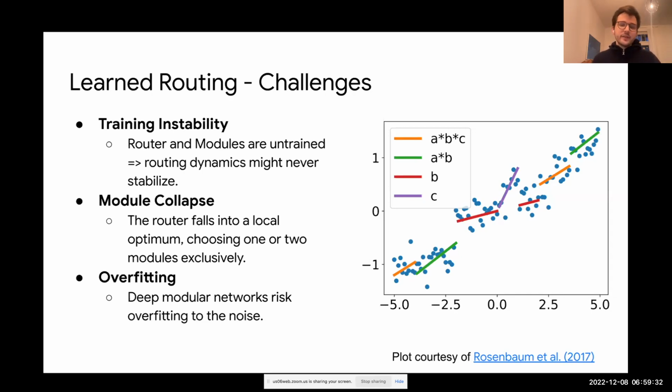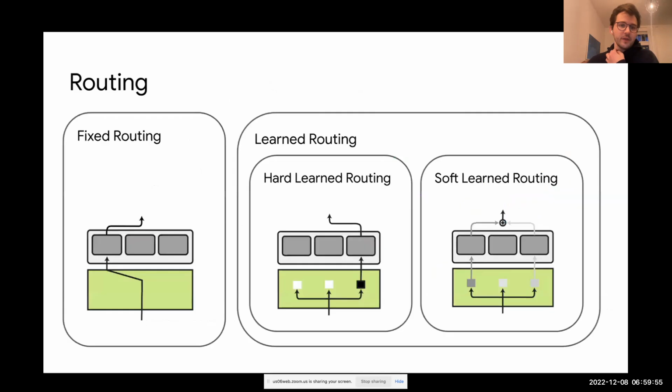We have the risk that through these dynamics of routing and many module functions, the model overfits to noise and learns a large number of modules for every single small example. And this might also have detrimental effects on the generalization capabilities of the model. Okay, so these are problems that can occur during learning to route.